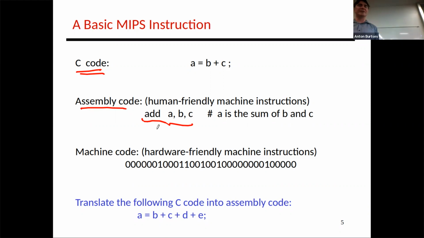You still need some kind of tool which will translate this high level human readable representation into a collection of bits. And this collection of bits can actually be executed by the machine. This is called machine code. Do you agree with this? So just to understand that there are 3 layers.